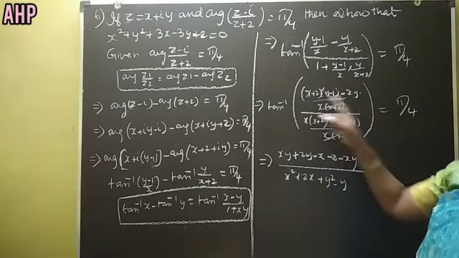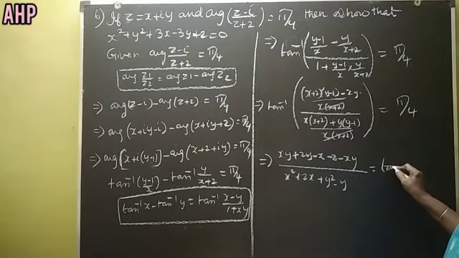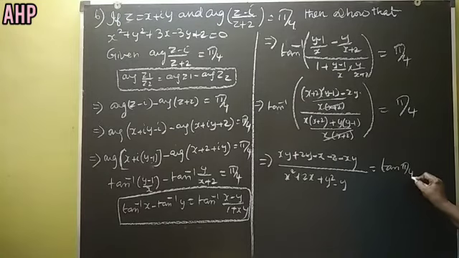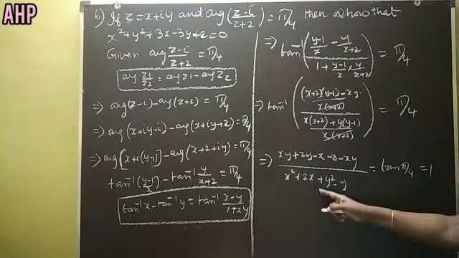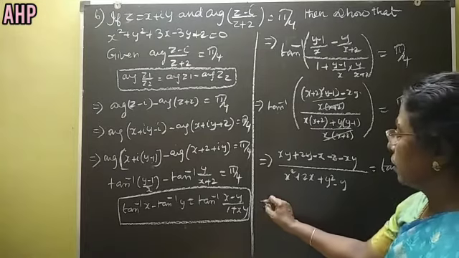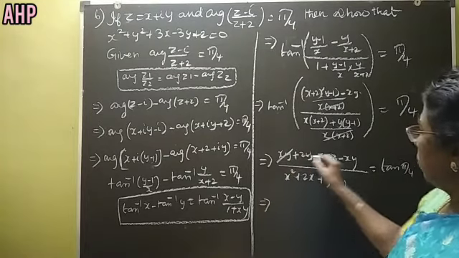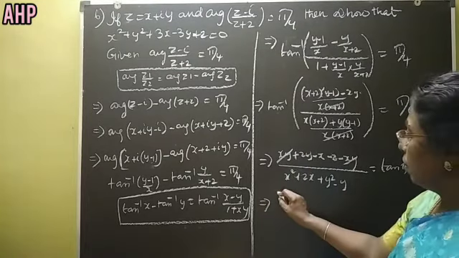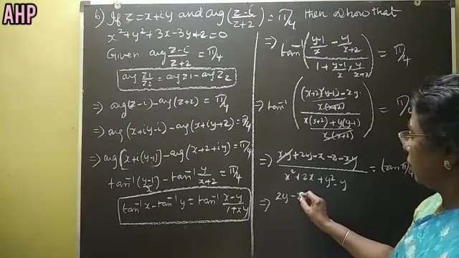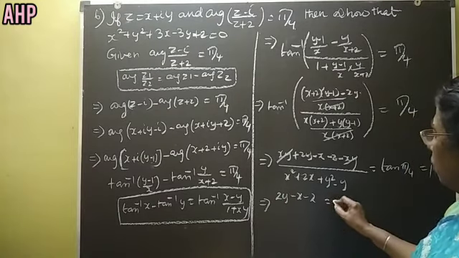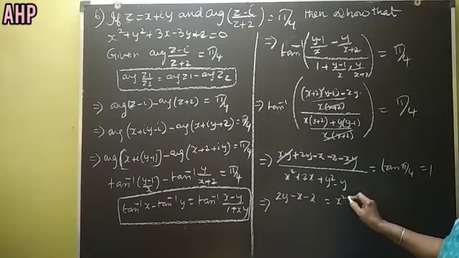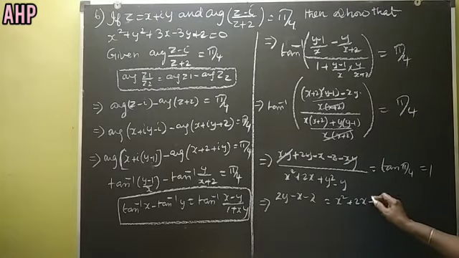When you take tan that side, this will be equal to tan pi by 4. Tan pi by 4 value is 1. So cross multiplying, xy minus xy gets cancelled. 2y minus x minus 2 is equal to x square plus 2x plus y square minus y.